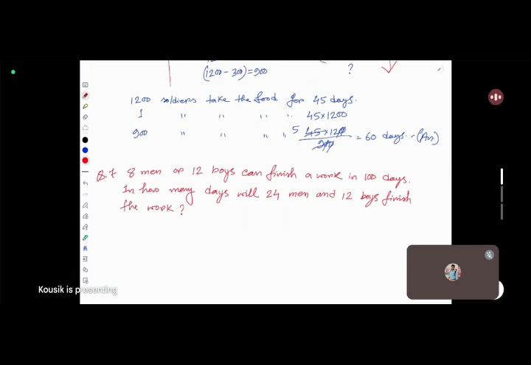In how many days will 24 men and 12 boys finish the work?